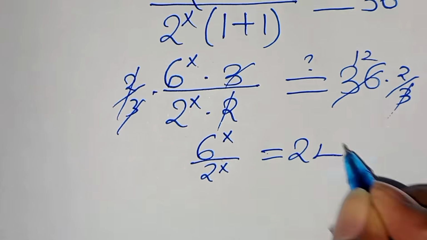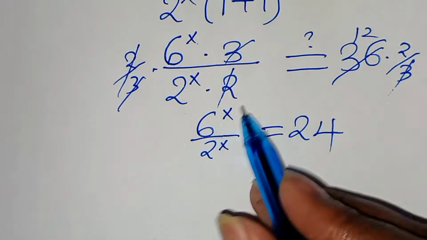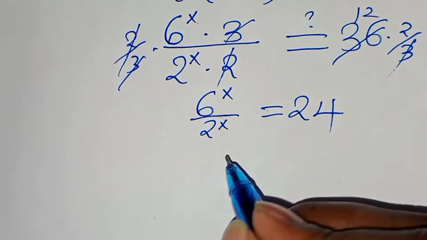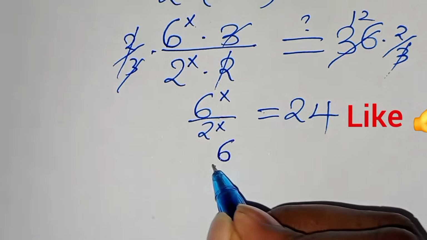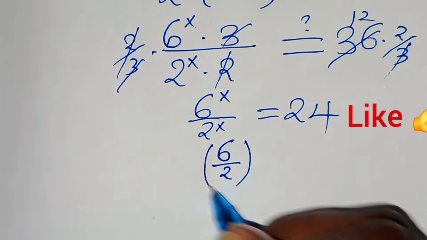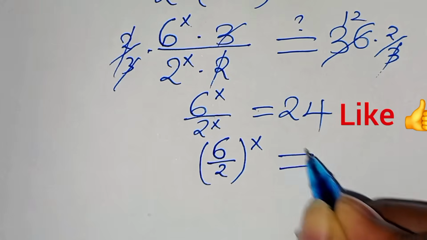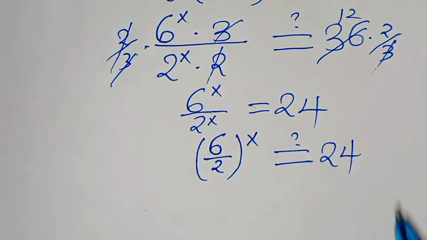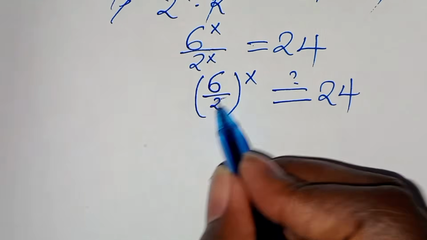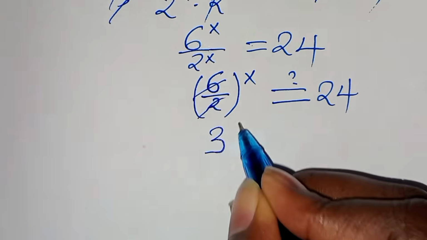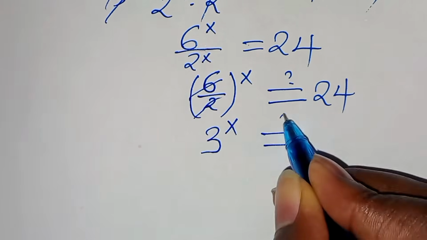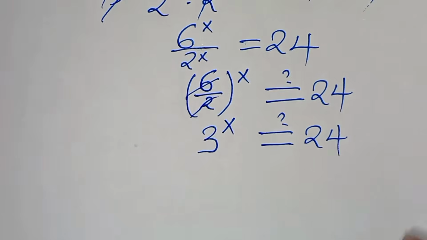This means that 6 to the power of x over 2 to the power of x, we can express as 6 over 2 raised to the power of x. This should give us a value of 24. Now if you simplify, we have 3 to the power of x. This is supposed to give us a value of 24.